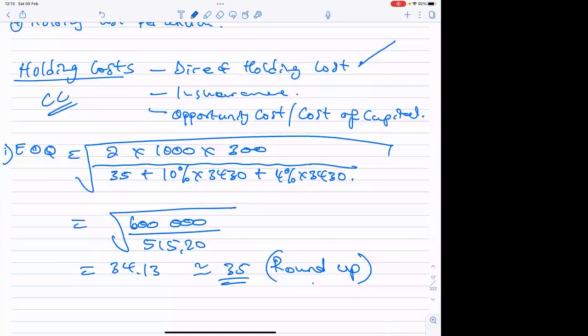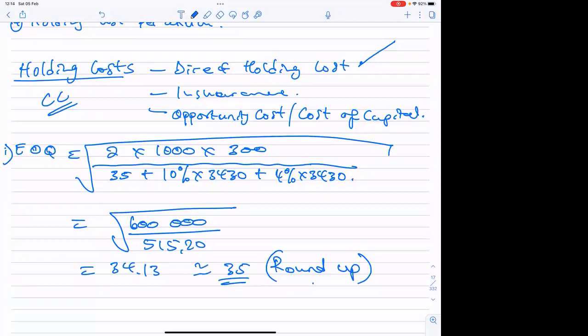So we round up together. Because the challenge is, if you round off to 34, your customers will come and they don't find inventory. You lose business. So in this case, we don't apply mathematics rules, we apply business rules. We want to be on the safe side.